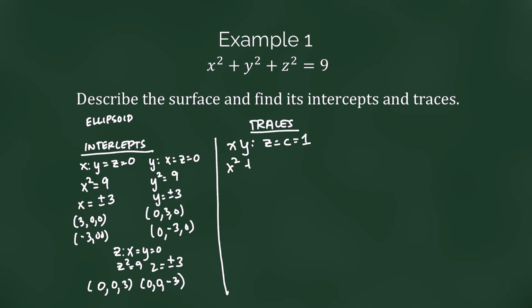We'll just pick 1. x squared plus y squared plus 1 squared equals 9. So that's x squared plus y squared equals 8, which we know is a circle, which of course is an example of an ellipse. So we see that the xy trace is an ellipse. This is a circle with center 0, 0 and radius square root of 8.